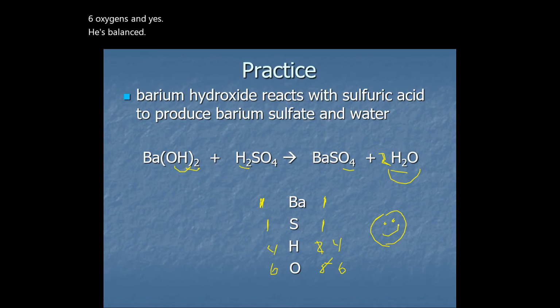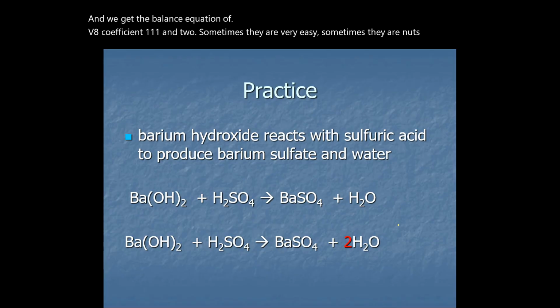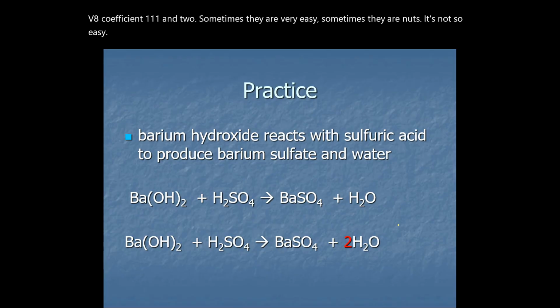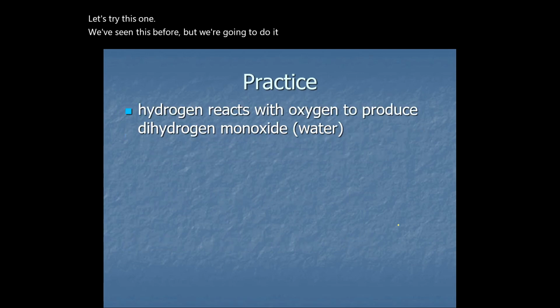And we get the balanced equation with coefficients of 1, 1, 1, and 2. Sometimes they are very easy, sometimes they are not so easy. Try the next one. We've seen this one before, but we're going to do it again.